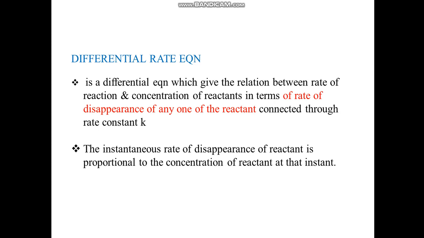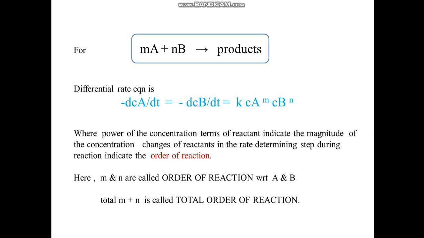That is the famous mathematical statement of the differential rate expression: the instantaneous rate of disappearance of any reactant is proportional to the concentration of the reactant at that instant, or to the product of the concentrations of the reactants at that instant, at a particular temperature.